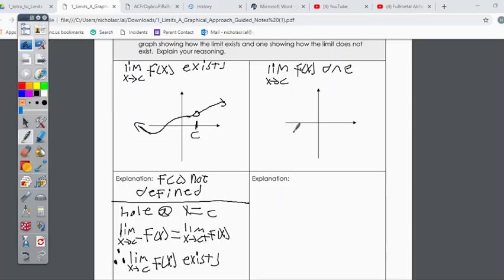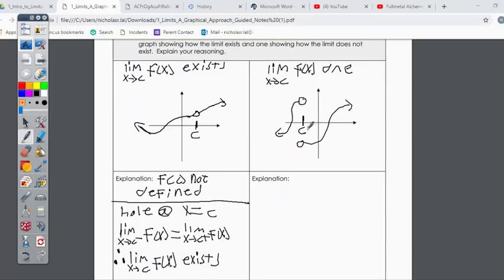So we are going to have C here. All right, so f of C is not defined.